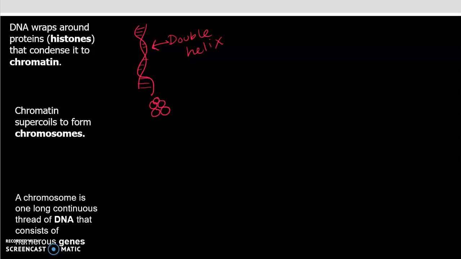Histone proteins are found in a complex of 8. So think of this as like a cube-looking structure. So our histone proteins help to supercoil our DNA.